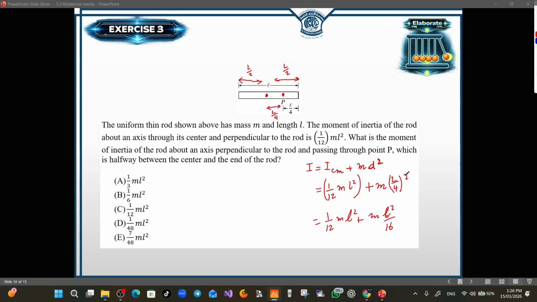So the square for L and for 4. We can take ml squared as a common factor, and we will end with 1/12 plus 1/16. Now plugging this in the calculator, the final answer is 7/48 ml squared. So the correct answer is actually E.